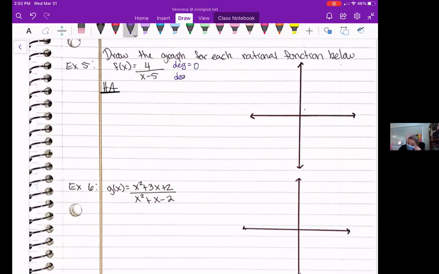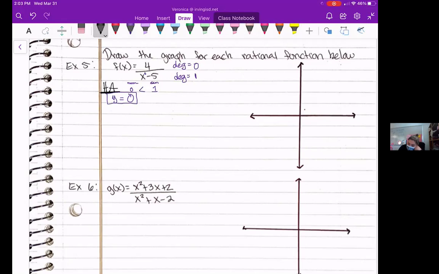What about the degree of the denominator? 1. So the numerator is 0, the denominator is 1, and 0 is smaller than 1. So what does that mean? That means that my horizontal asymptote is at y equals 0. I can see that from the notes. So this is my horizontal asymptote.